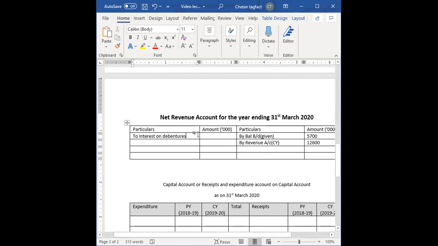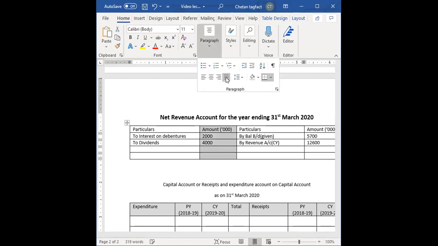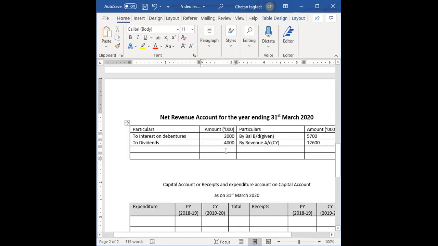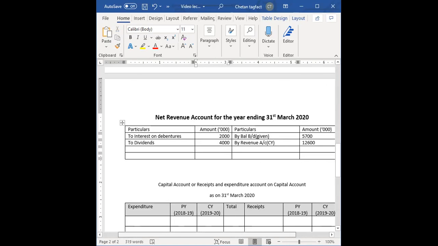So how much is my interest on debentures? It is 2,000. And now coming back, the second item that has to be appropriate is my dividends. My dividends are 4,000. Okay, so now only these items are there that we have to take as seen in the problem.